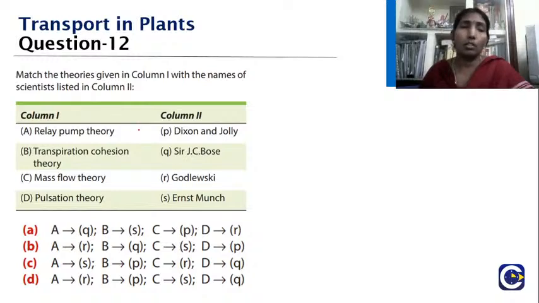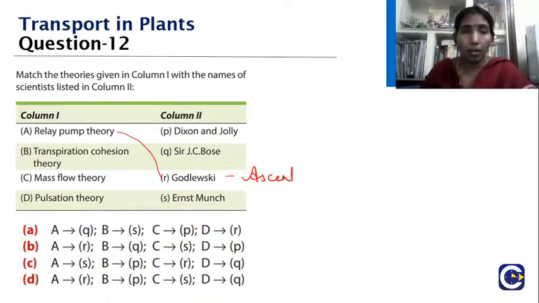Now when it comes to the relay pump theory, we are very well aware of it. This was proposed by Godlewski, where he spoke about the vertical pump of water through the plant, the ascent of sap.